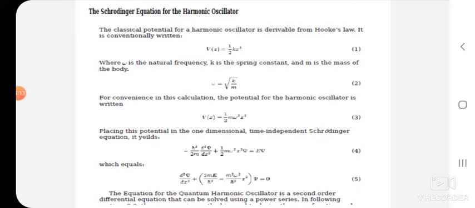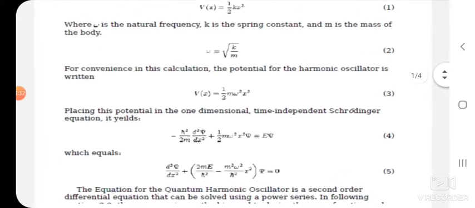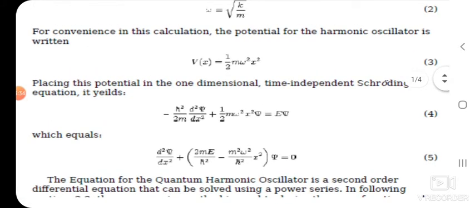Now we are going to use this potential in our one dimensional time independent Schrodinger equation. Therefore, the Schrodinger equation is minus h cross square by 2m dou square psi by dou x square plus V psi, where V is nothing but 1/2 m omega square x square, is equal to E psi.